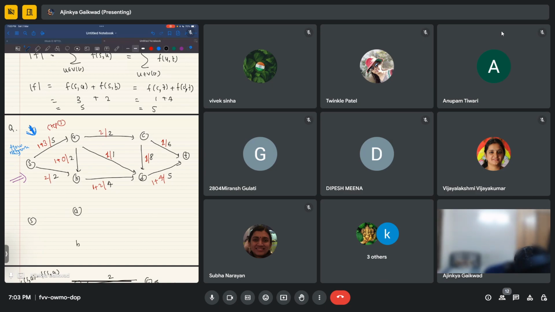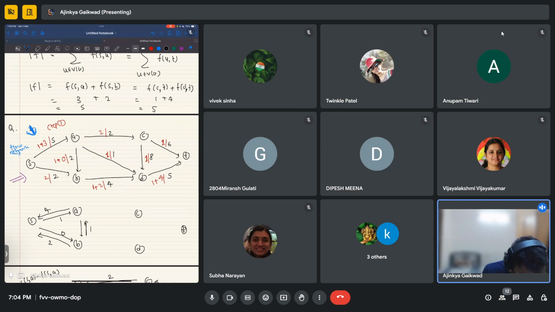I think I'm already out of time, but okay, so let's see. The capacity in the reverse direction will be 4 because for S to A I have flow 4, and this will be 1, and I have these two edges. The flow in the reverse direction will be 2 and here it will be 0. I had a flow of size 1, so the capacity in the reverse direction will be 1, so this is 1.